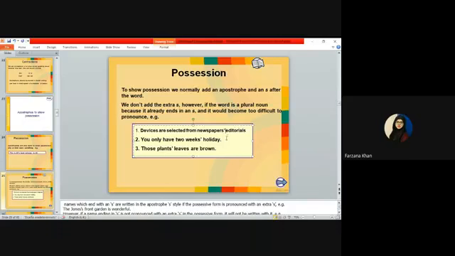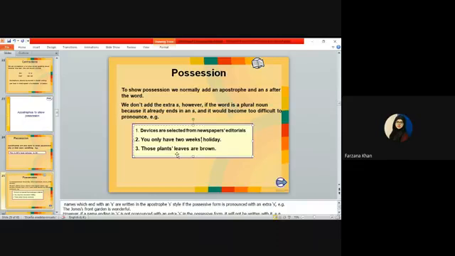In another sentence, you can see weeks. You only have 2 weeks' holiday. So weeks is a plural, it already contains s, so we have placed only an apostrophe, which is showing possession of the weeks with the holiday. Again, in the third sentence, you can see those plants' leaves are brown.